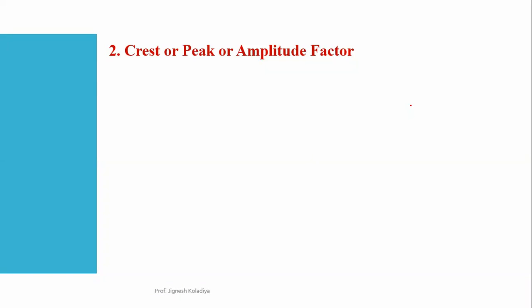It can withstand a certain level of voltage. So if you have some idea about the peak factor, specifically for AC voltage, then you can easily determine the dielectric strength of that particular cable. So let us see the definition.